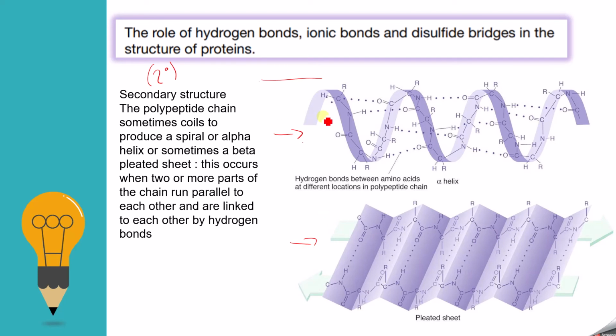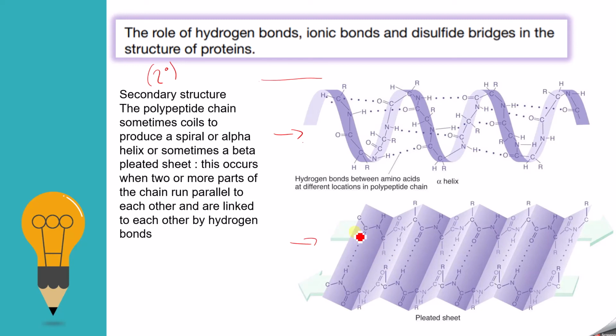This spiral is called an alpha helix, and this pleated sheet is called a beta pleated sheet. This occurs when two or more parts of the chain run parallel to each other and are linked to each other by hydrogen bonds.